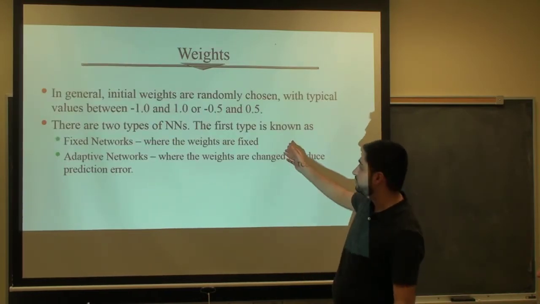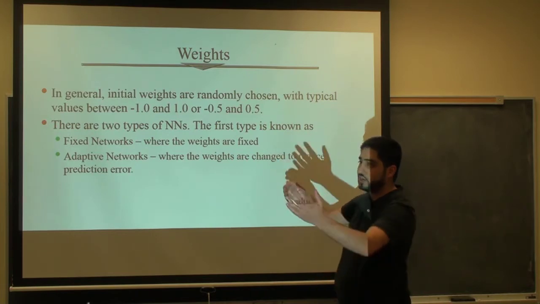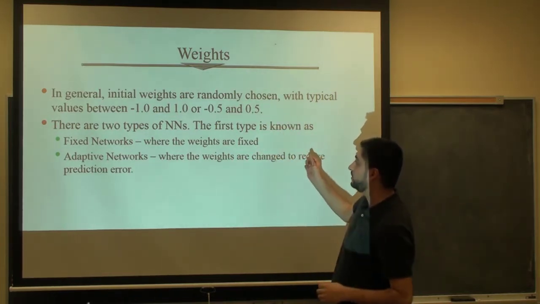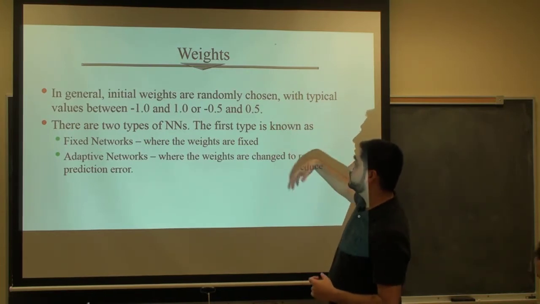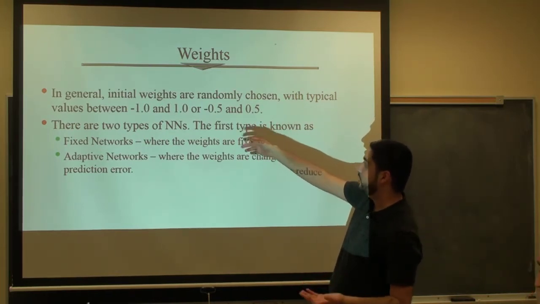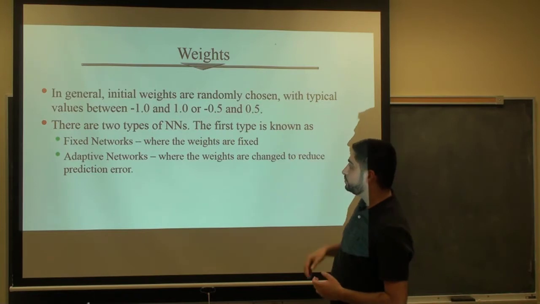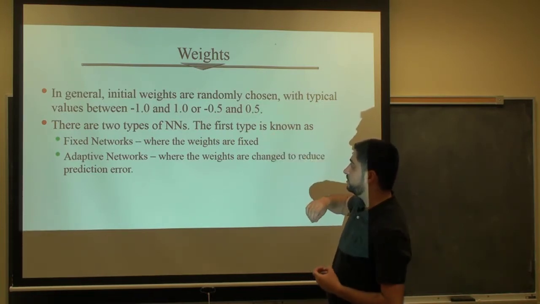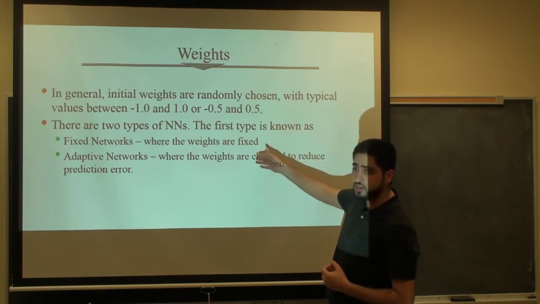So what is the weight? As we said, the weight is a connection between one node and another, or the input to that node. Usually the weights are set between -1 and 1. And there are two types of neural network based on this. One is fixed networks.